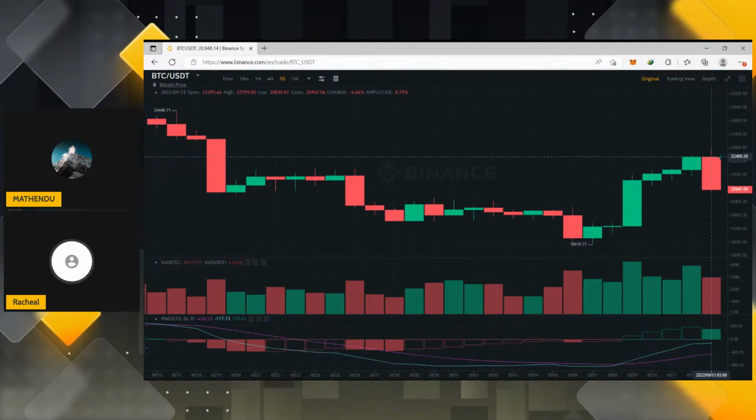Since we are in the 1 day chart, 24 hours ago it opened at 22,426. It's the first price that was recorded, so it's the open.